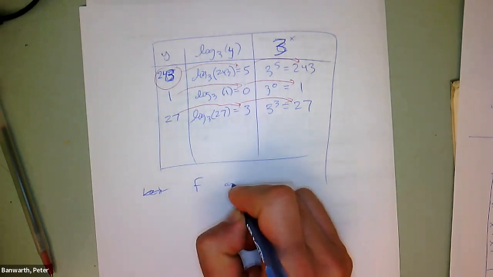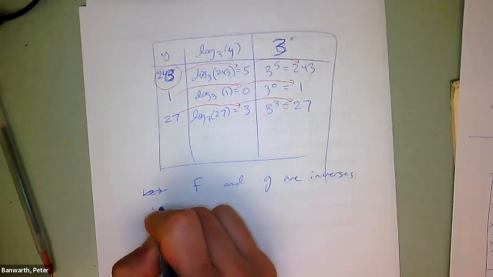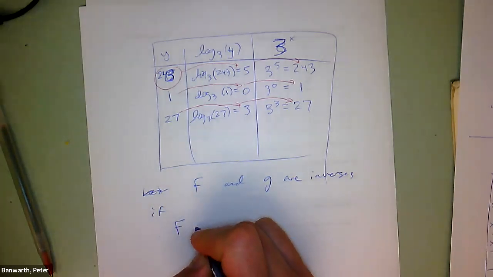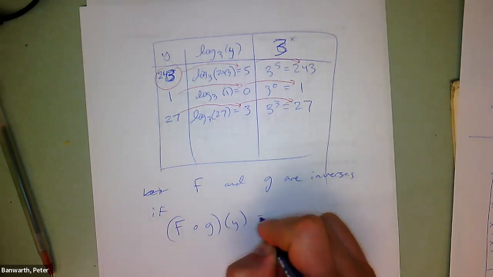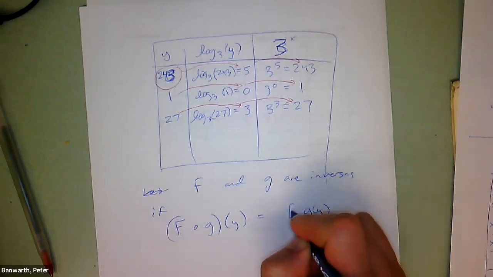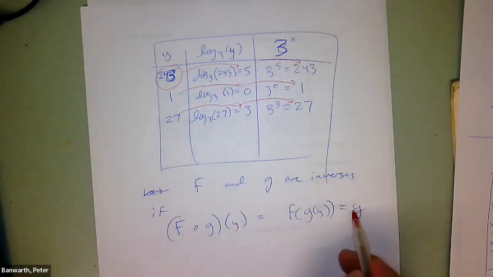So f and g are inverses if f composed with g of y, which is f of g of y, is just y. You start with y, you end with y.